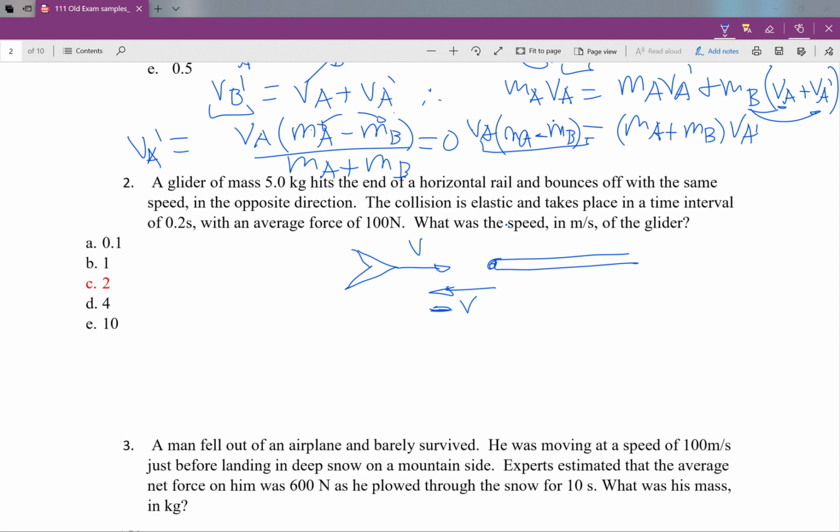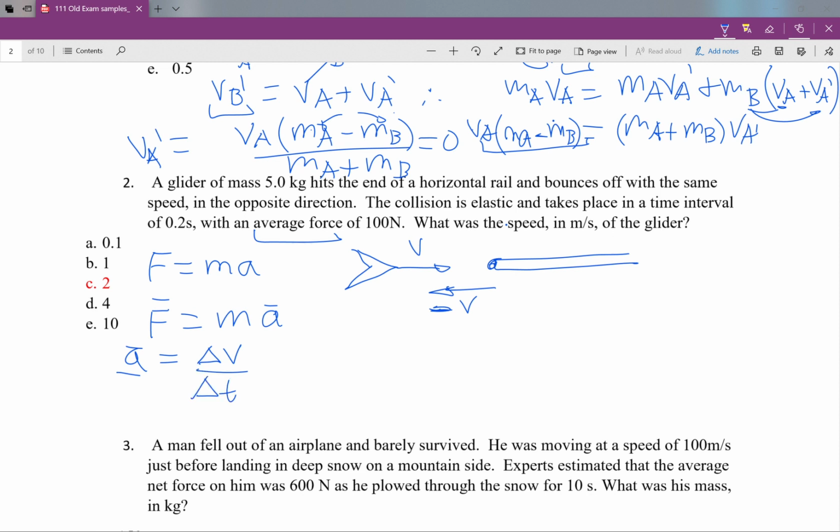The collision is elastic, so energy is conserved, and takes place in an interval of 0.2 seconds with an average force of 100 newtons. What is the speed in meters per second of the glider? We know from Newton's second law that the net force equals mass times acceleration. But now we're talking about average force, so F bar equals mass times average acceleration, which is change in velocity over change in time.